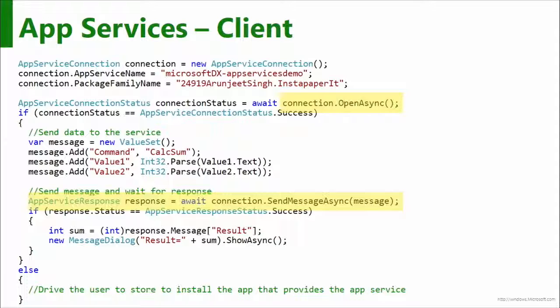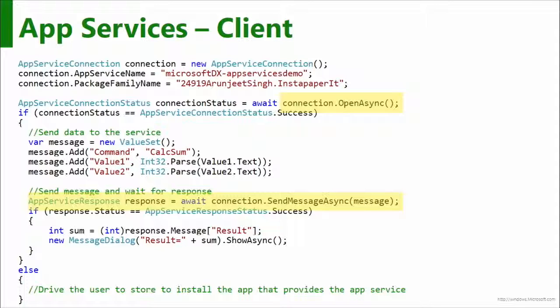I see. And then you open an async connection to that app service through the app service connection, and it will try and make that connection. And then you communicate with that using this very versatile but easy to use value set. This was a new type that came out in Windows Store 8.0 WinRT apps, and it's a lightweight dictionary.